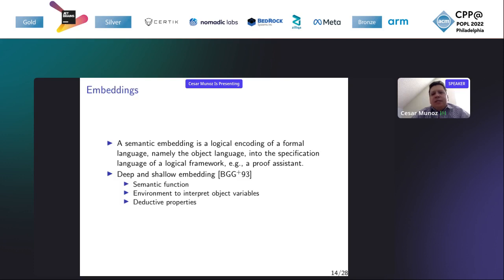In general, when we are talking about embeddings, there is a semantic function, there is a notion of an environment, and there is a notion of variables, I mean, variables in the object language. So we need to interpret those variables in a particular environment, and then we have some deductive properties.